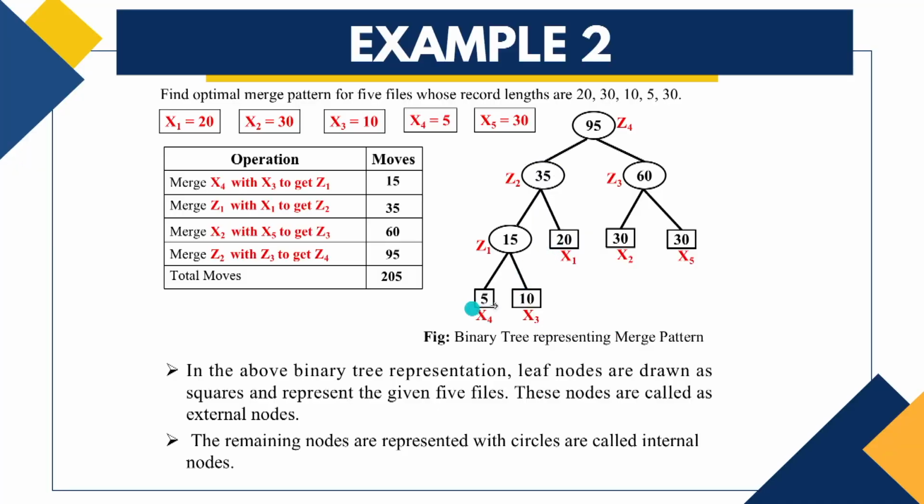As you observe this binary tree that represents the merge pattern, you could see that some nodes are leaf nodes and some are internal nodes. Leaf nodes are denoted by squares and internal nodes are shown with ovals. Each internal node has exactly 2 children, and it represents the file obtained by merging the files represented by its 2 children.